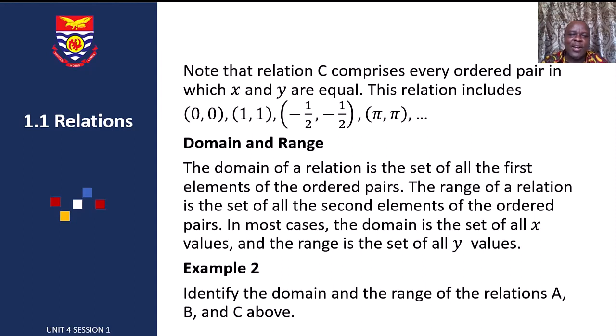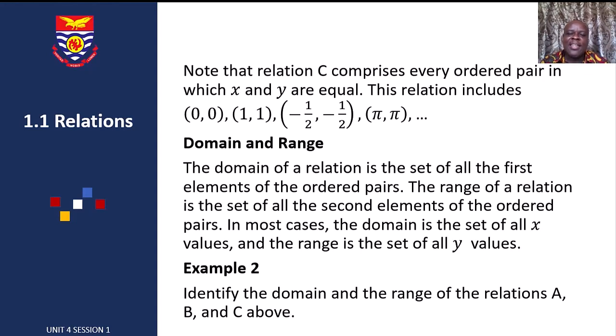Now let's talk about domain and range. You will see that an ordered pair is made up of two numbers, the first entry and the second entry. So if we talk about the domain of a relation, we are talking about the set of all the first elements of the ordered pairs.